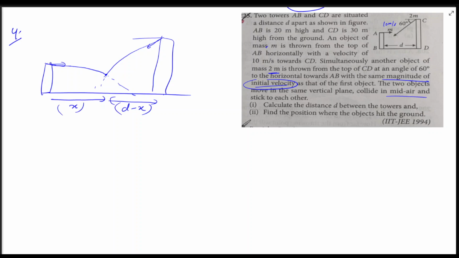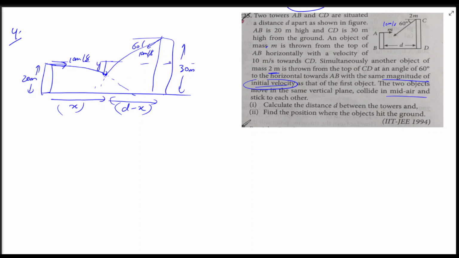Perfect. So let's write the equation first such that we get the d. This is 10 meters per second. This is 60 degrees, this is also 10 meters per second. This is 20 meters and this is 30 meters. Now look, this particle, let's say it's going x horizontally and downward it is going y.